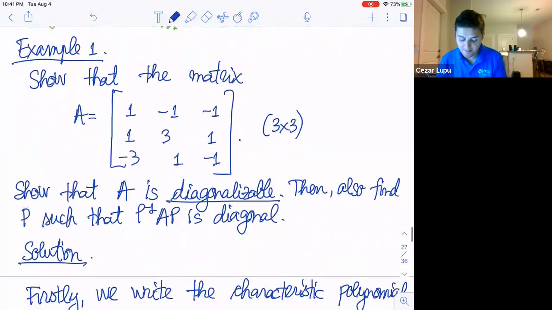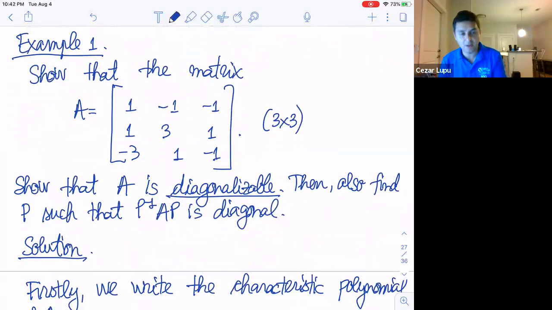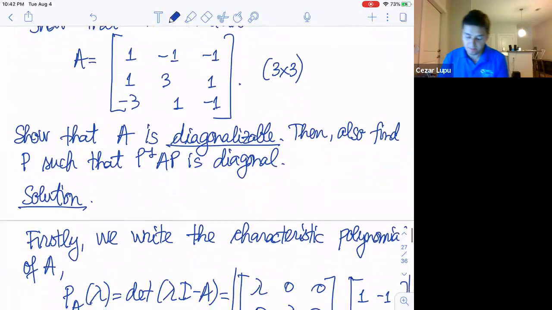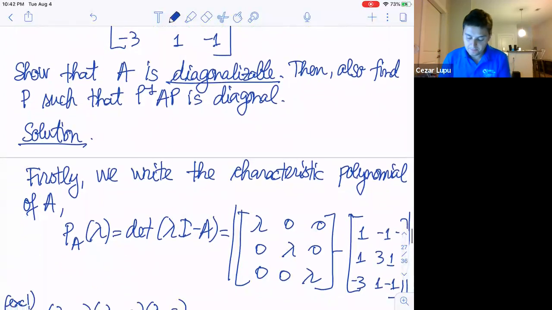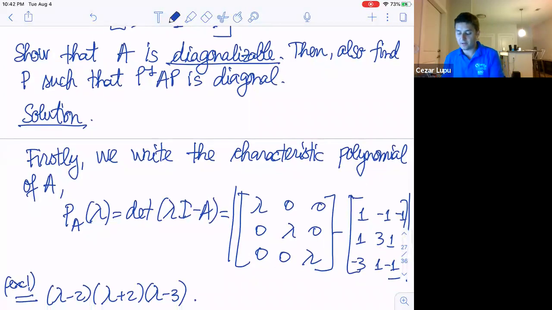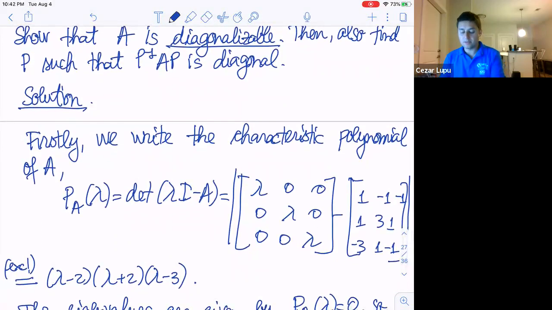Okay, let's get started. First of all, we need to write the characteristic polynomial. We need to find the eigenvalues and then their corresponding eigenvectors, and then we'll form the matrix P. So firstly, we write the characteristic polynomial, which is the determinant of lambda times the identity minus A. Sometimes people write it the other way around, but since this is a 3 by 3 matrix, it's just going to be a negative sign in front of it.